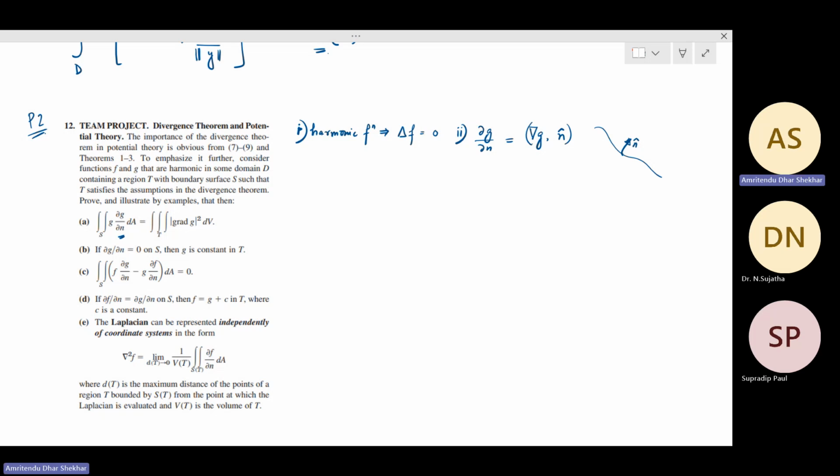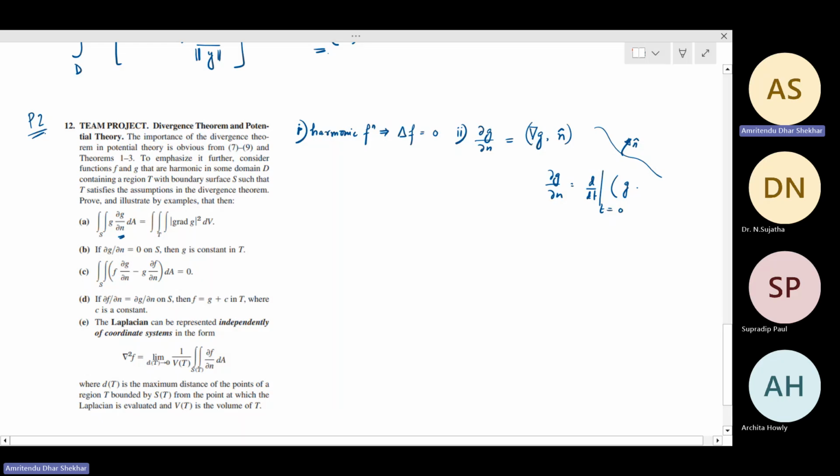That is, del G upon del N is basically equal to d upon dt at t equals 0 of G of t n cap. Okay? That is your del G upon del N.